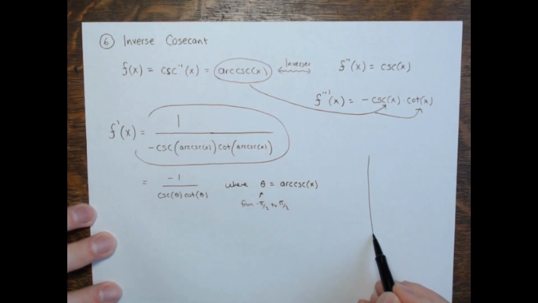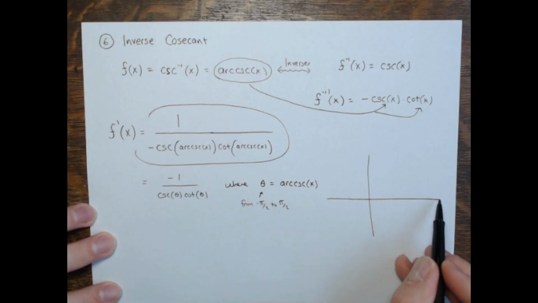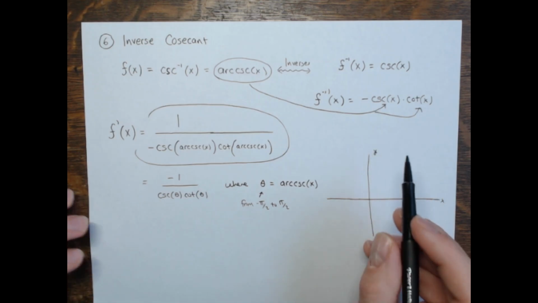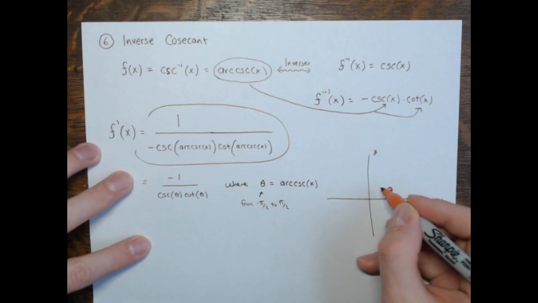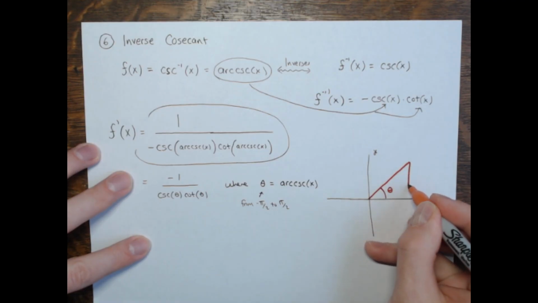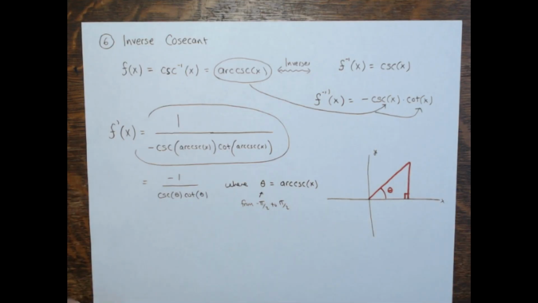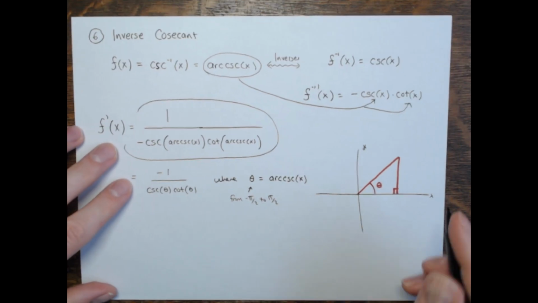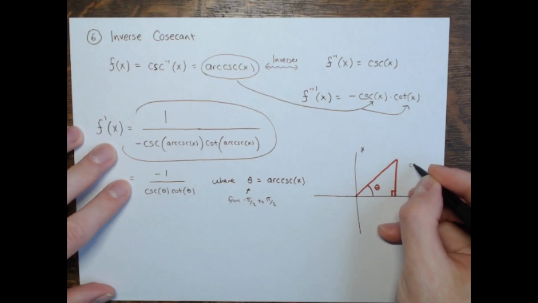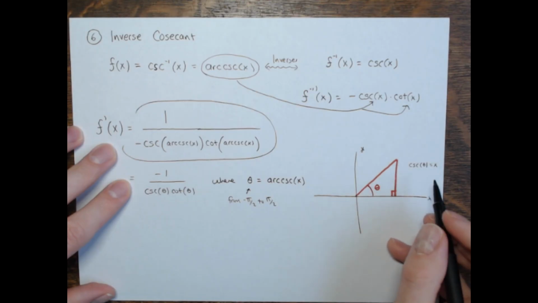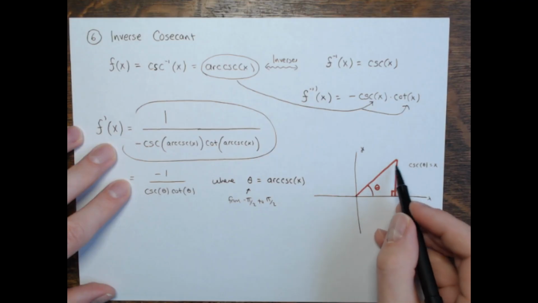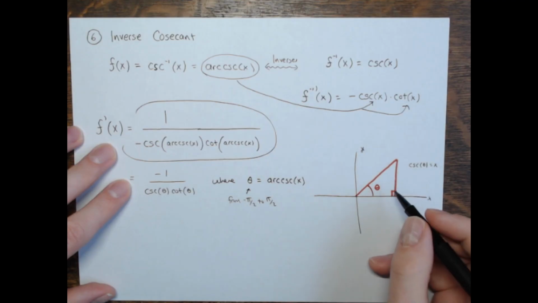So when I go to draw this stuff, it's going to be the right half of the plane. So again, here's where theta is in quadrant 1. I set this up so that the cosecant of theta is x. And everything's positive in quadrant 1, horizontal, vertical, and the hypotenuse is always positive.